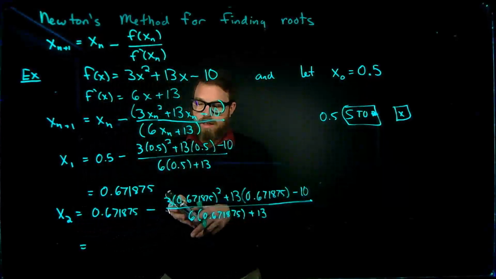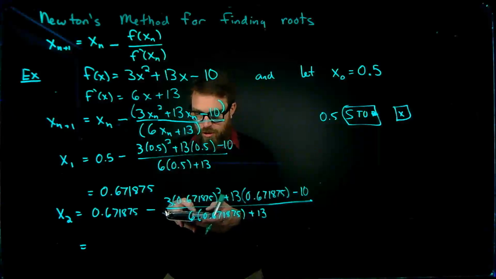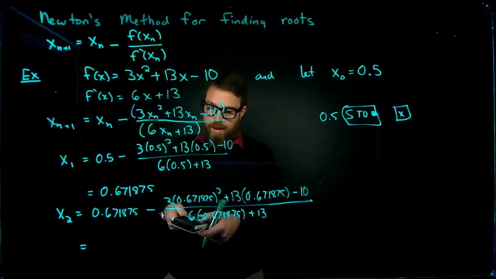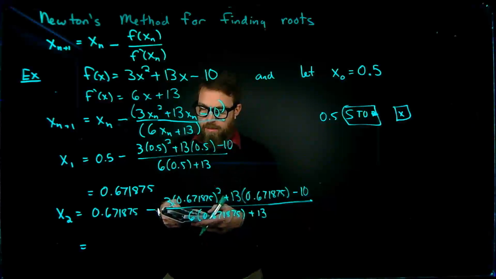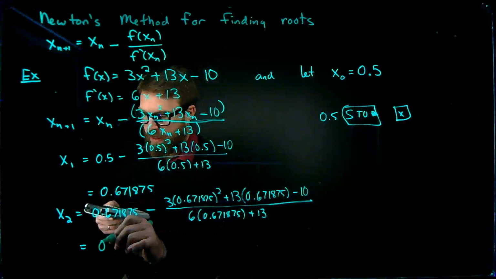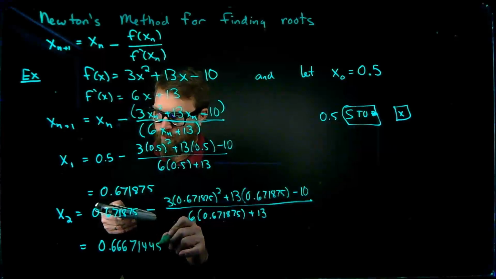The way I do that is I have this new number in my calculator, 0.671875. I just hit the store button, hit x again. Now that's my new x. I go back up, type in the equation that I had before, and hit enter. And this gives us 0.6667145.